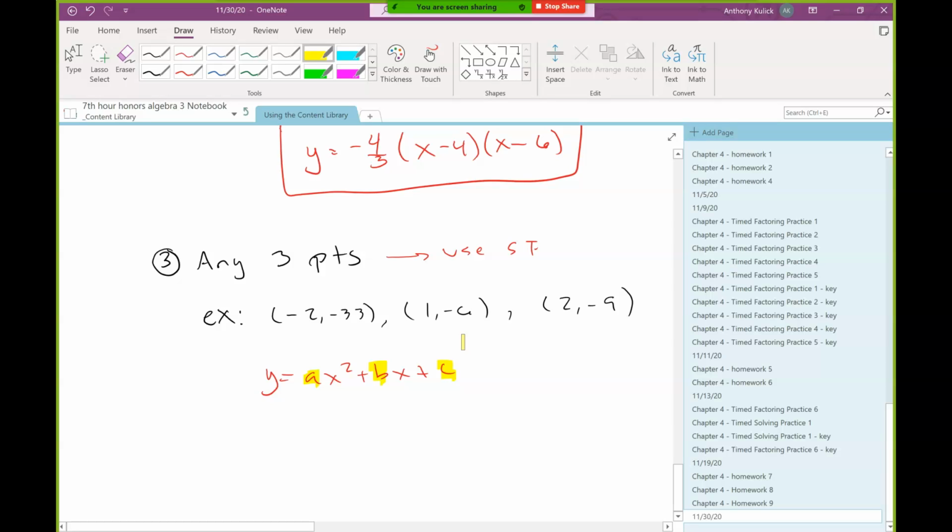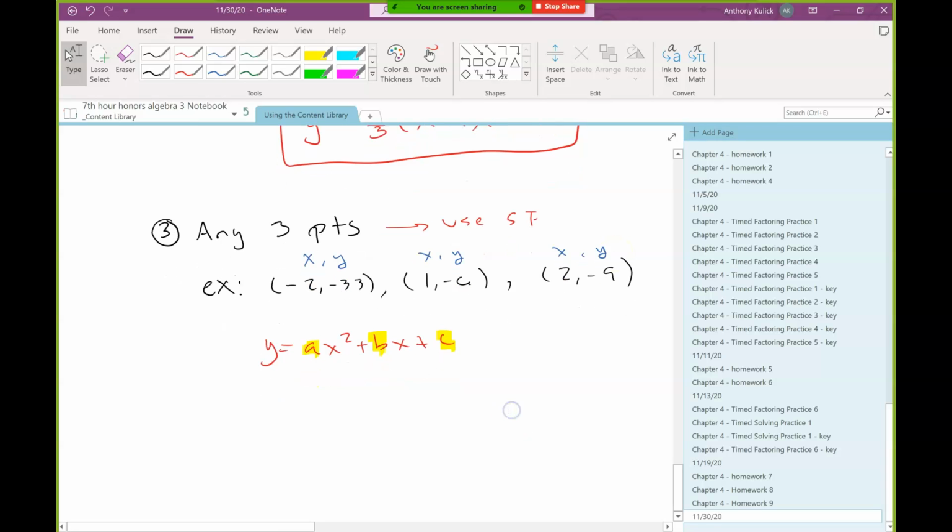Now, there's no relationship between a generic point and these coefficients A, B, and C. So what we're going to do is think about each of these as an xy, and we're going to use them to create a system of 3 equations.